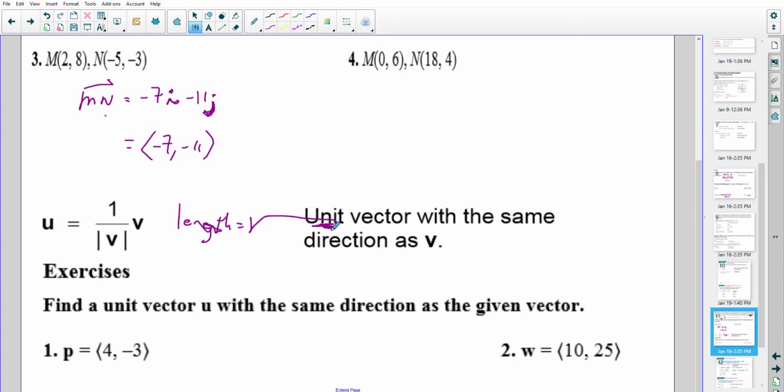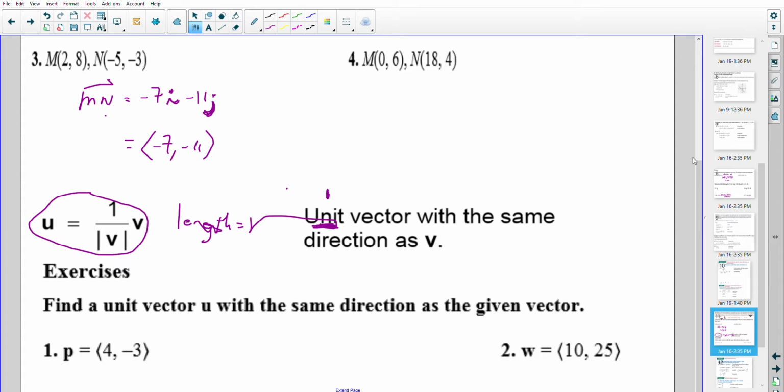What that really means is a 1 unit vector. And to do that, you have to divide the vector by its magnitude, and that's all you have to remember. So the unit vector is equal to the vector divided by its magnitude.